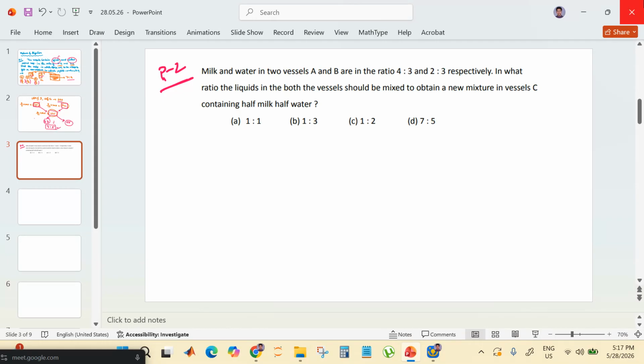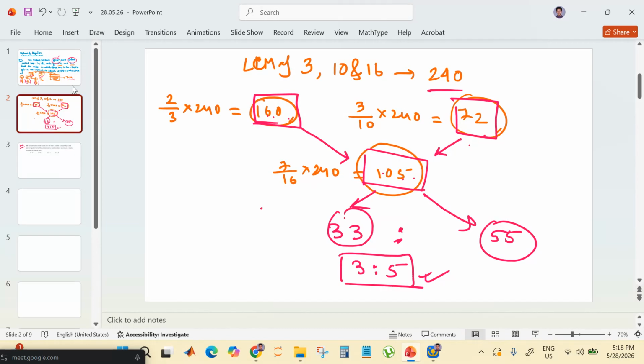Okay. So I think if you take the water, then also it remains the same answer.